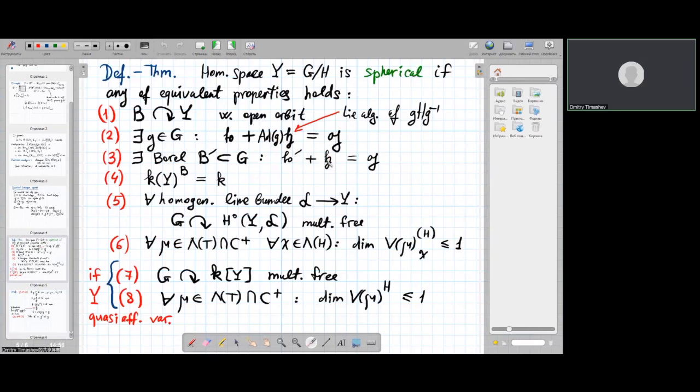You come back to the Lie algebra of H. I misunderstood condition 3. Yes. When you deduce 3 from 2, you conjugate with G inverse. And when you deduce 2 from 3, then you conjugate with G. So you conjugate in different directions by two mutually inverse elements of the group. Is it clear?